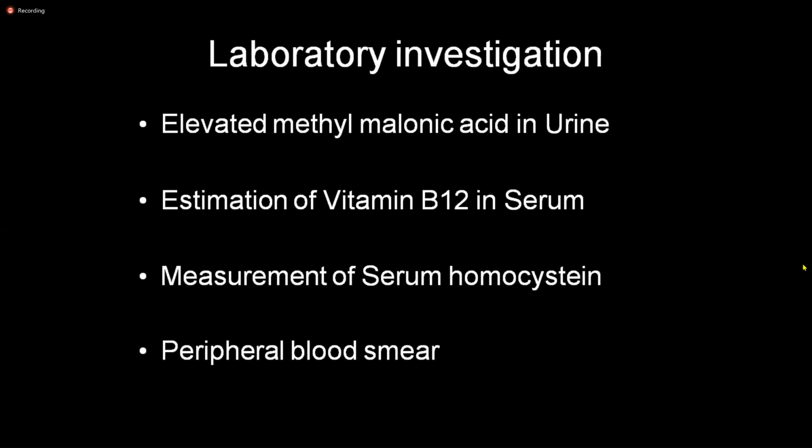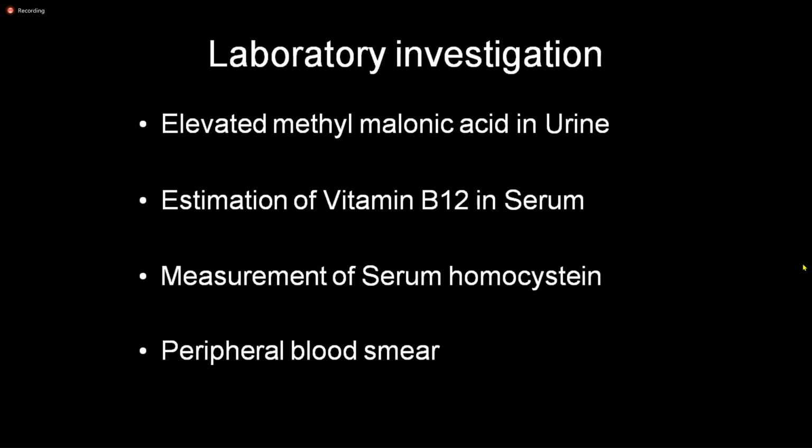They will measure it and give you the result. The indirect method of vitamin B12 level assessment is the measurement of homocysteine in the blood and methylmalonic acid in the urine, which can be measured in the biochemistry lab.